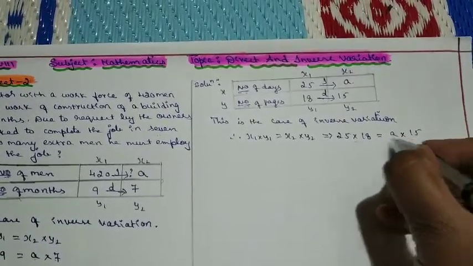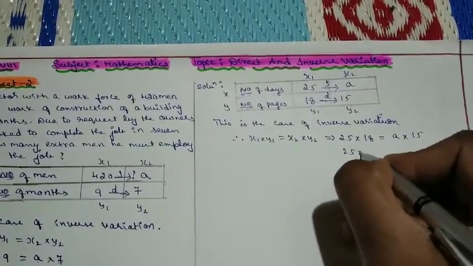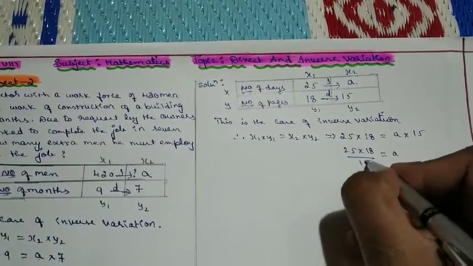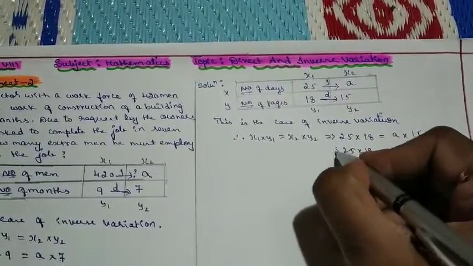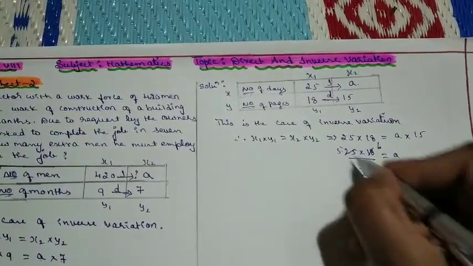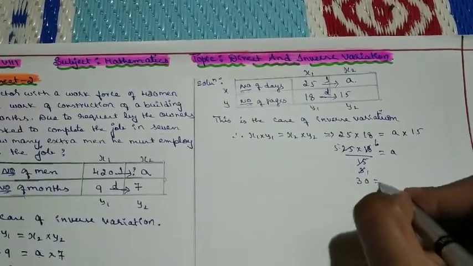So a and 15 are under multiplication. It changes to division, equal to a. Then 5 threes are 15, 5 fives are 25, 3 ones are 3, 6 fives are 30. So 30 equals a.